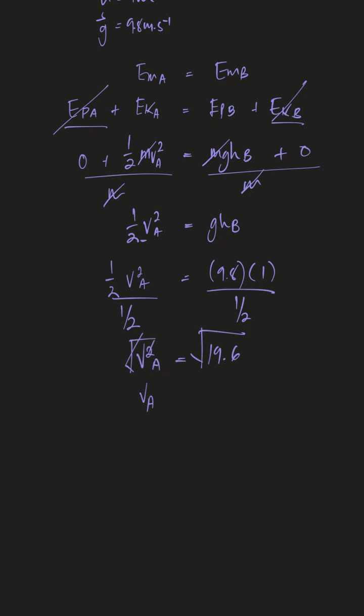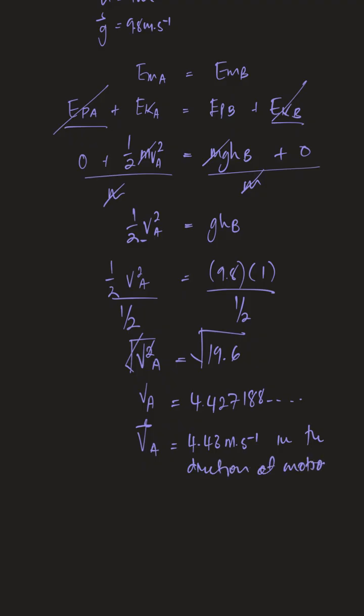So VA, or the initial velocity, is the square root of 19.6, which should give me 4.427188, etc. So V at point A is 4.43 meters per second in the direction of motion at the lowest point of the pendulum.